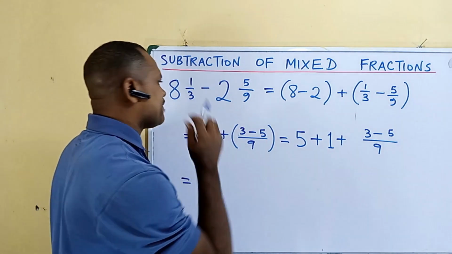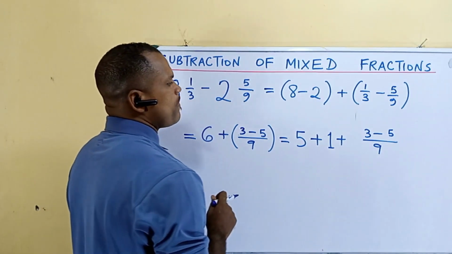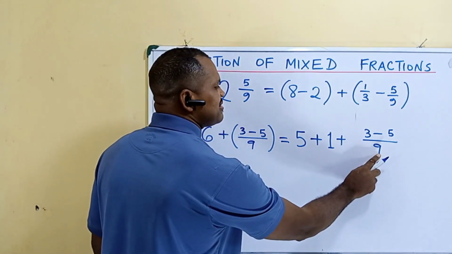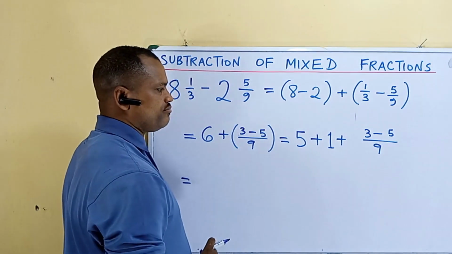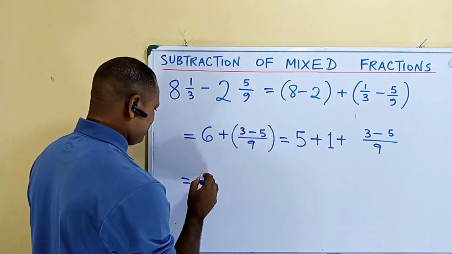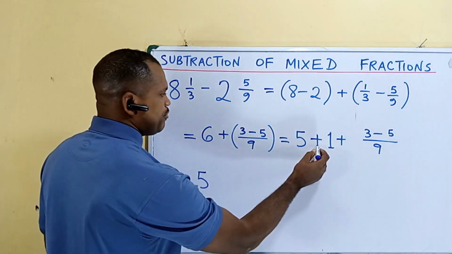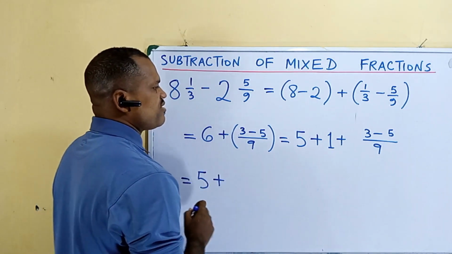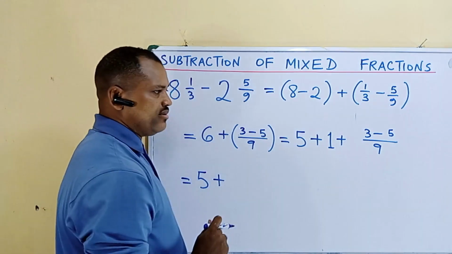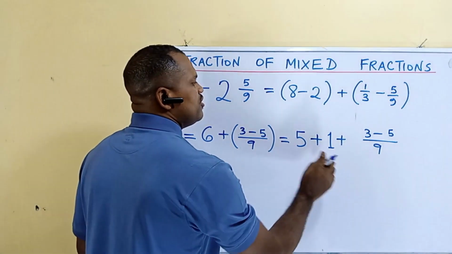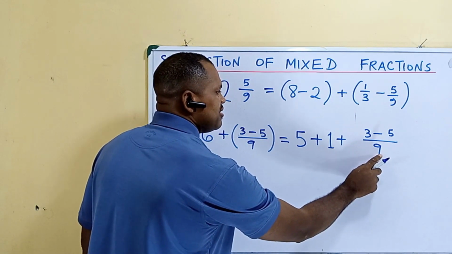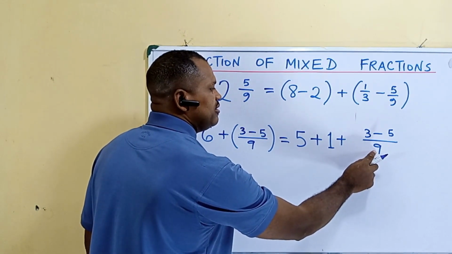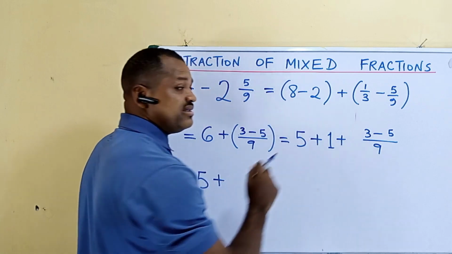So the next thing is you look at this denominator. Here it is 9. First of all, let's add this 5 plus. Don't write 1 again. You change this 1. But to change it to what? Look at the denominator. What you have here is 9.